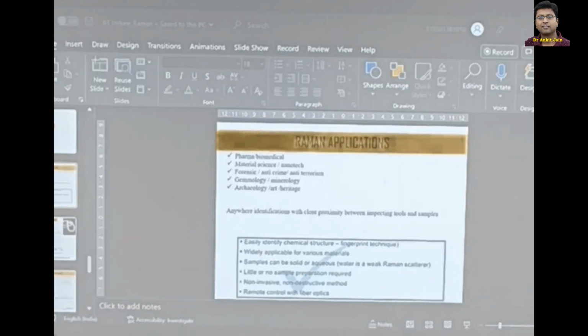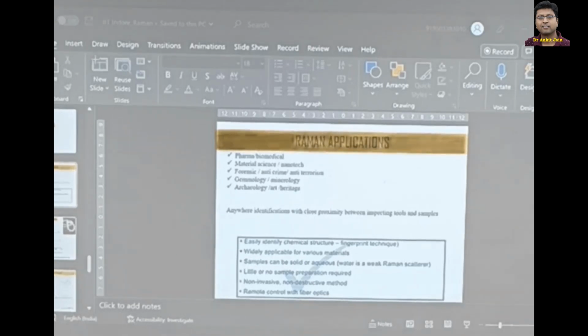Others? Any other question? Ma'am, you told that for water also we can use the Raman effect. Please explain. Water will not give you a signal in Raman. FTIR gives you a huge background signal if there is water in it, because H2O is dipole induced.